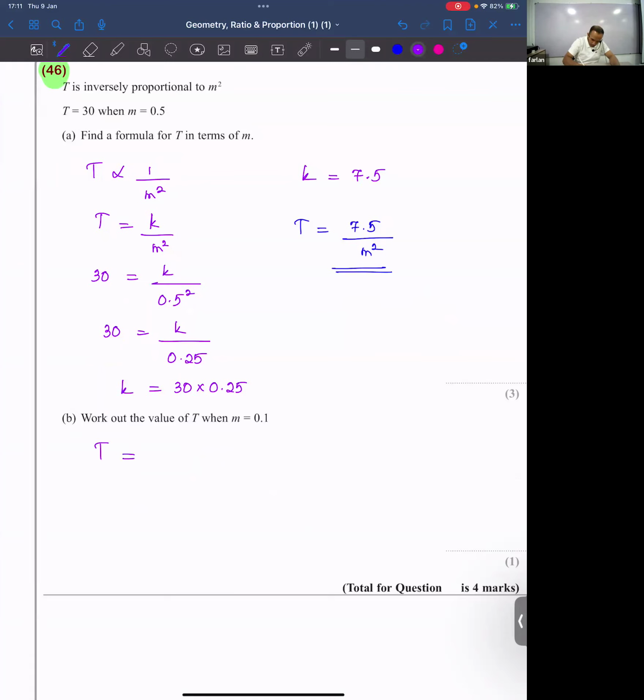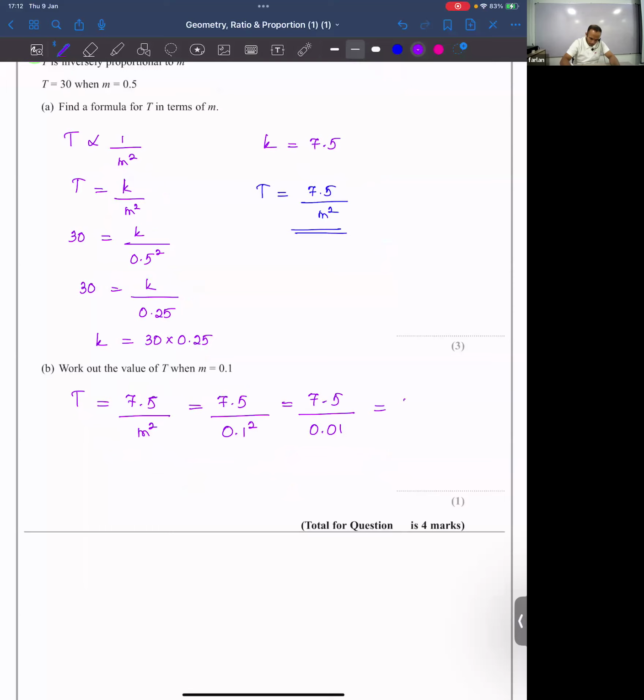Now they have told m equals 0.1. So 7.5 over 0.1 square. 0.1 square is 0.01. So 7.5 over 0.01 will be 750.